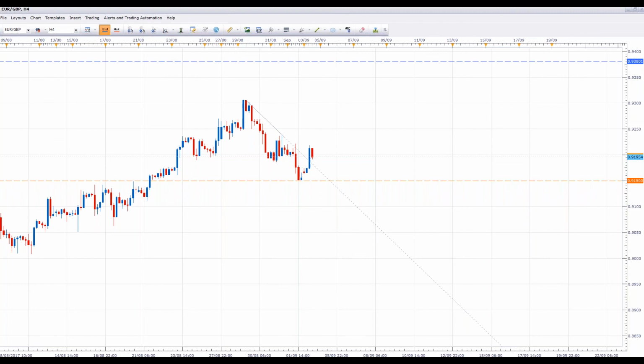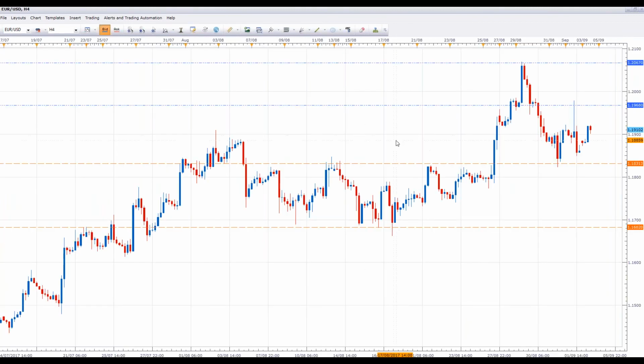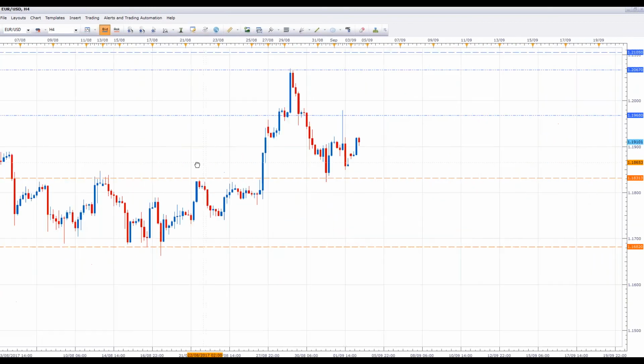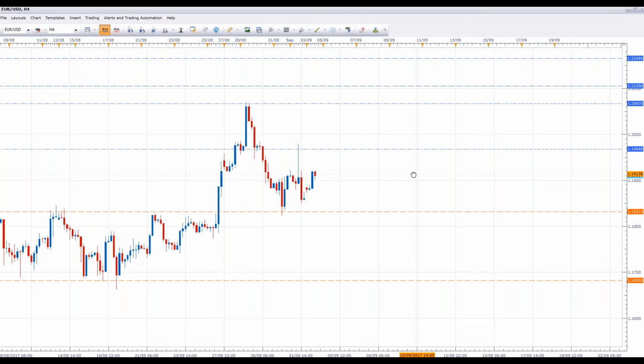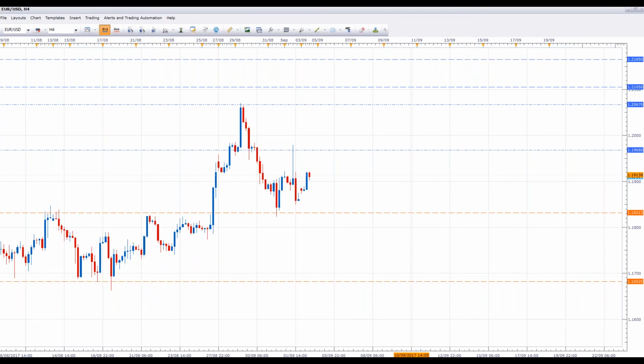Euro US dollar. Okay, we'll go and have a look at Euro US dollar, pound yen. Let's go and have a look at a couple of these charts. So the Euro US dollar, as you can see, these are the targets that we had from last week.